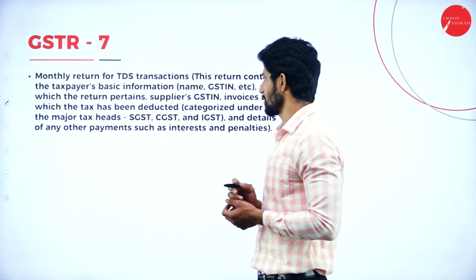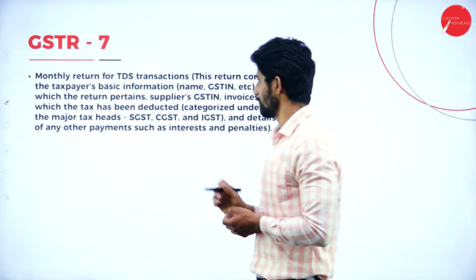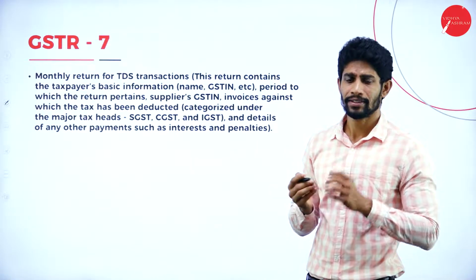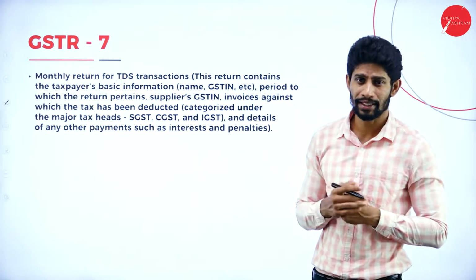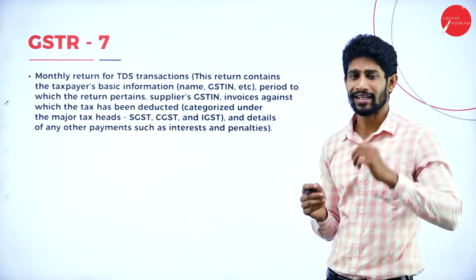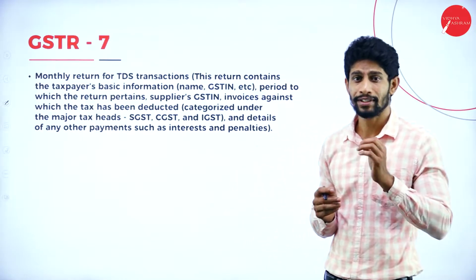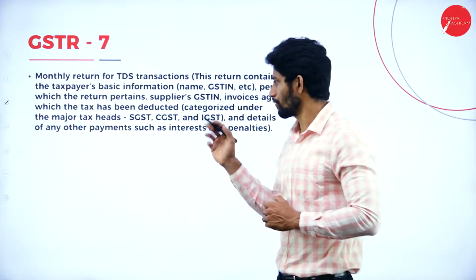Monthly return for TDS transactions. This return contains the taxpayer's basic information. Yes, GSTR-7 also contains the basic information of the taxpayer. Who is the person who is paying the tax to the government? What is his name? What is the address of the taxpayer? What is the GSTIN of the taxpayer? So every basic information will be mentioned in this form.